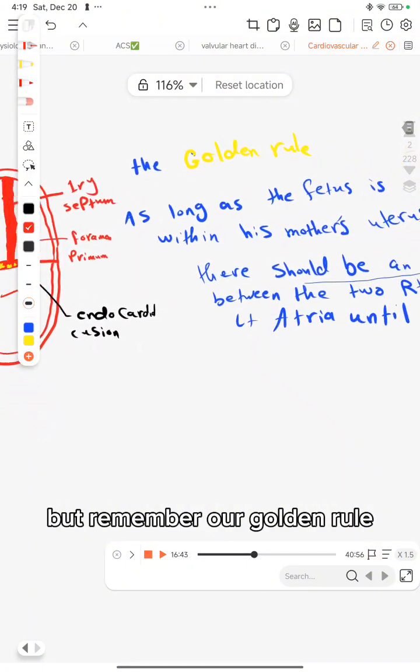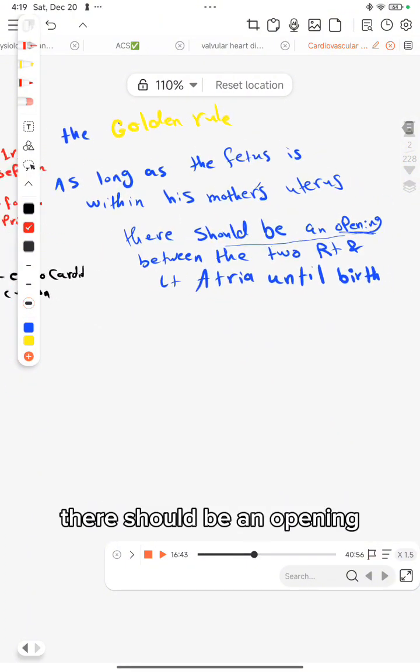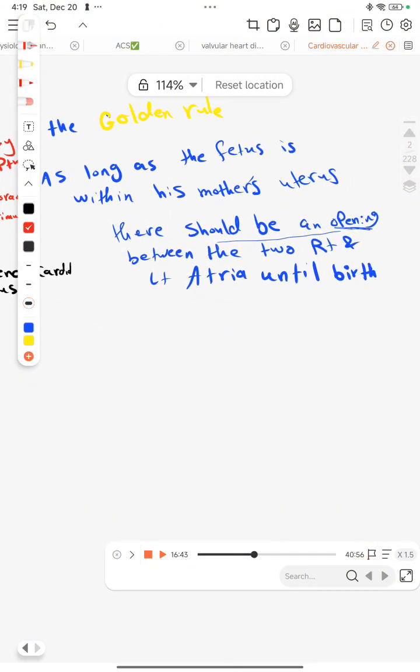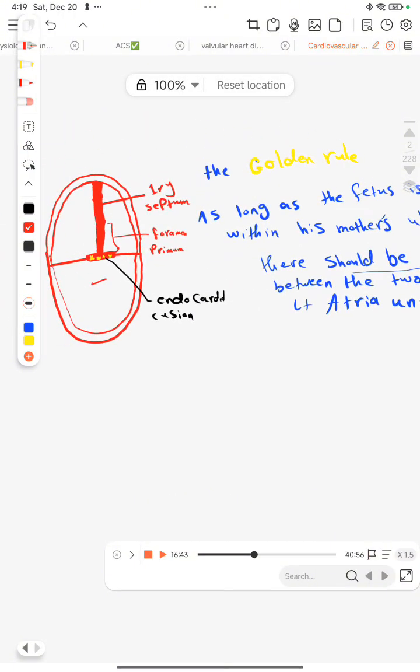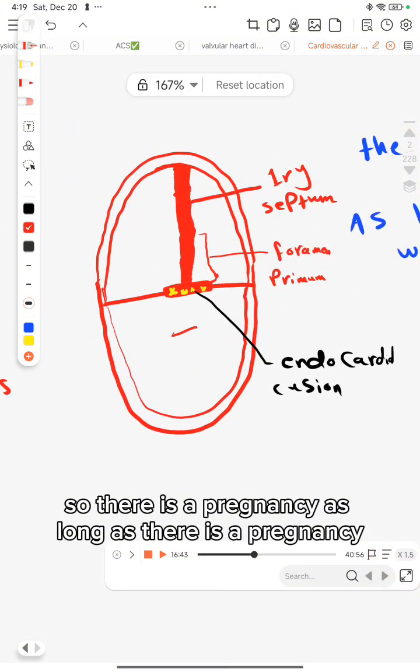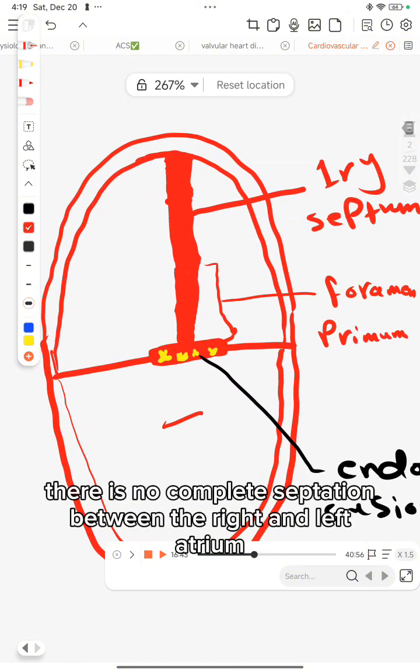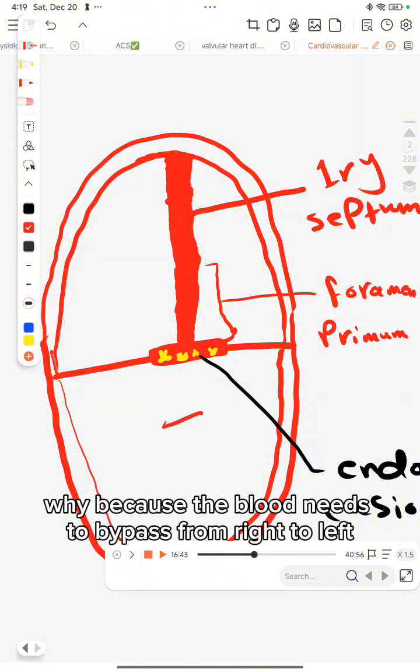But remember our golden rule, there should be an opening as long as the fetus is within his mother's uterus. So as long as there is a pregnancy, there is no complete septation between the right and left atrium. Why?